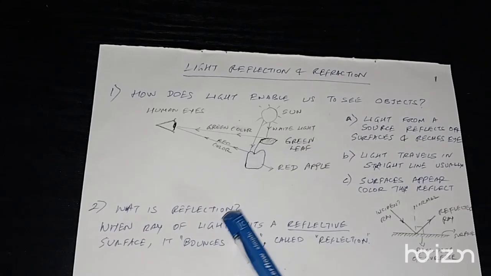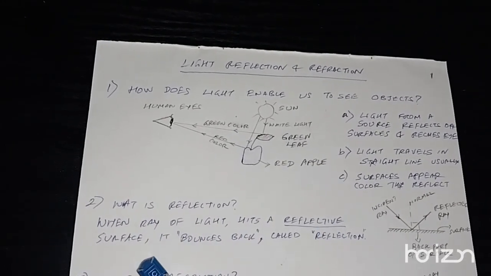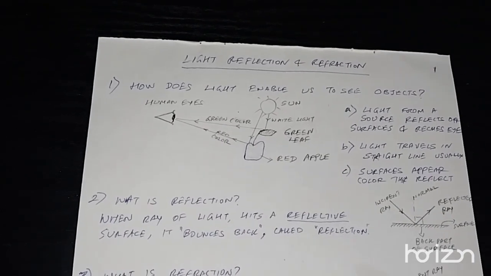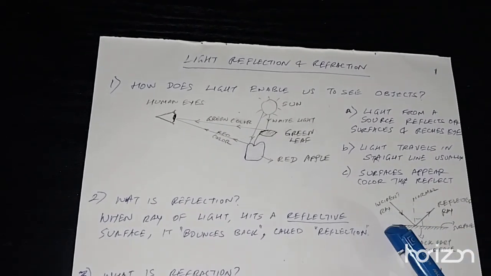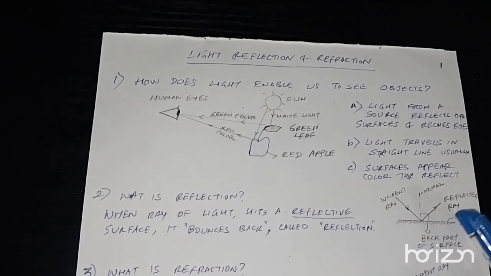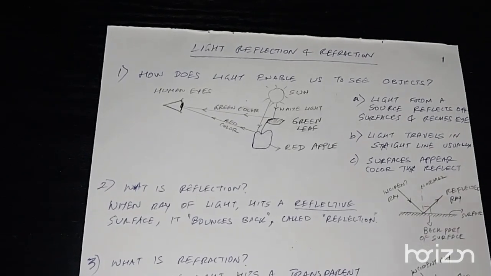Okay, what is reflection? When any ray of light hits a reflective surface, it bounces back, and that is called as reflection. Okay, so if you look at this diagram, we have created a line, right? And the top surface is reflective and the bottom surface is opaque.